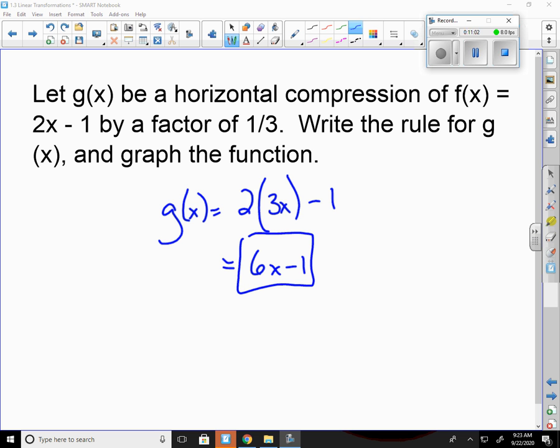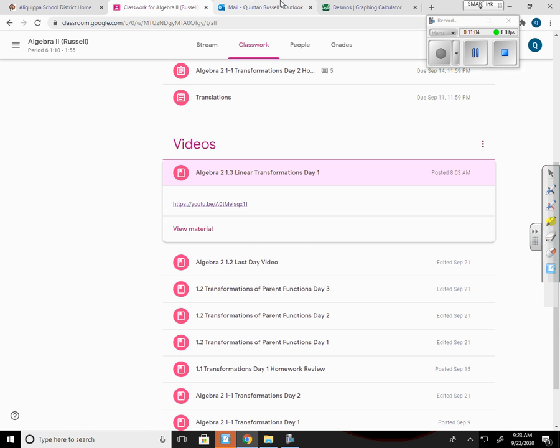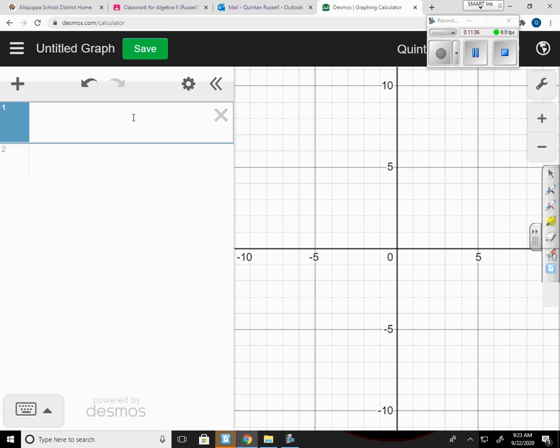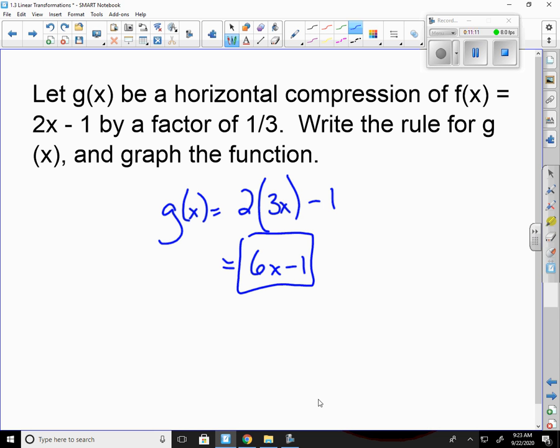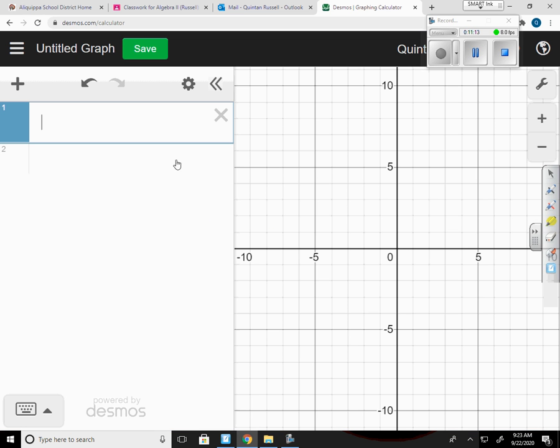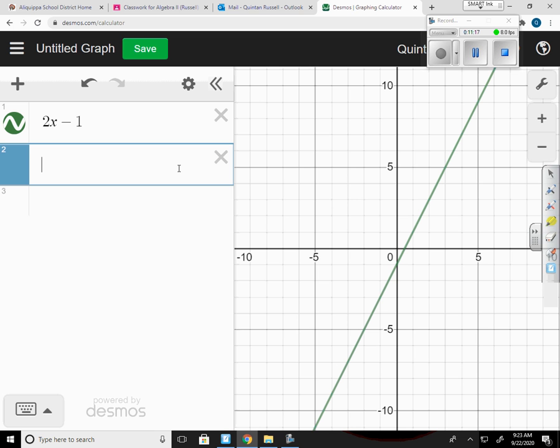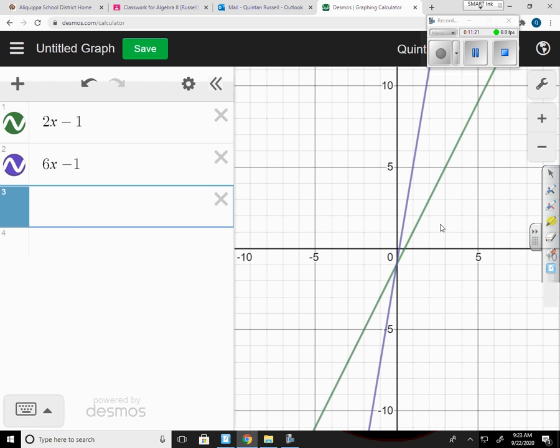I can now graph that. What was our original? It was 2x minus 1. And then 6x minus 1. Now you'll notice that the green line is out further.